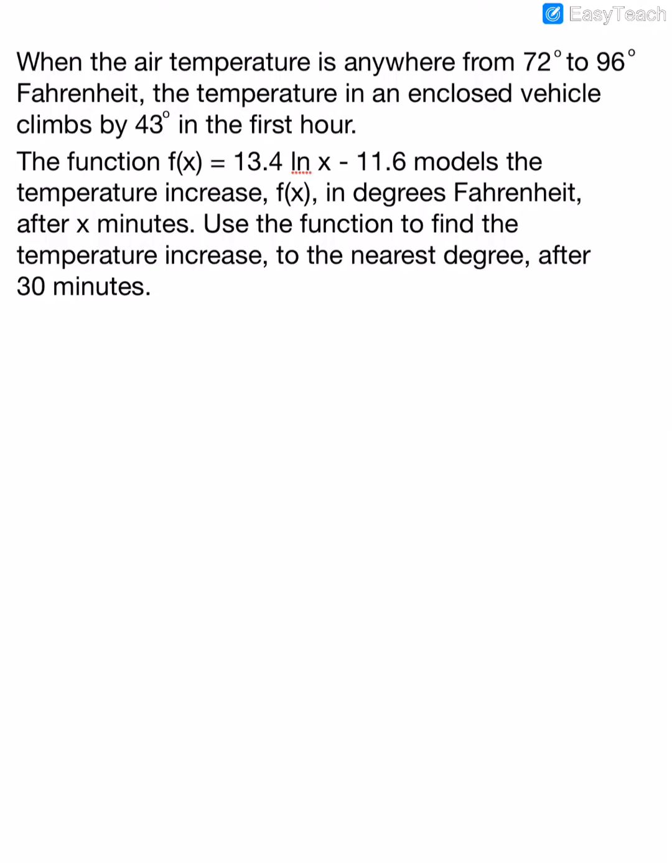So x is the number of minutes, and they want us to find out what the temperature is after 30 minutes. So all we're going to do is plug that into the function. So we have 13.4 ln of 30 minus 11.6.